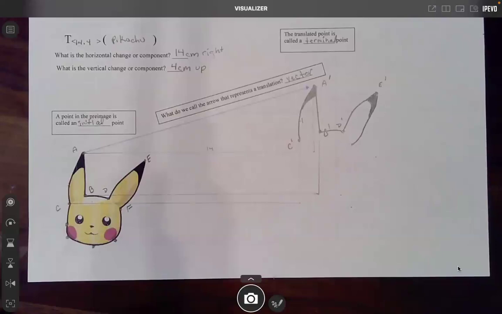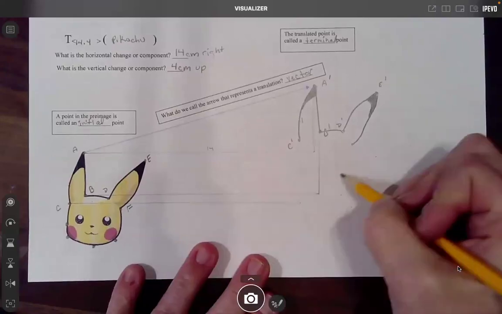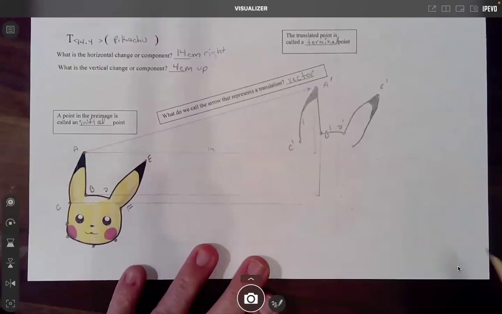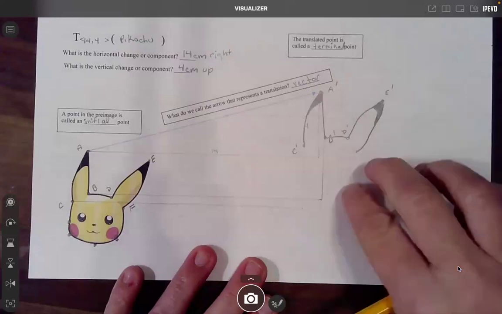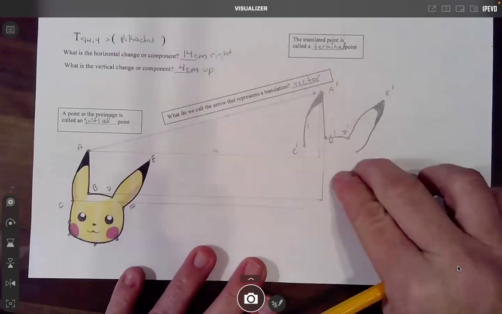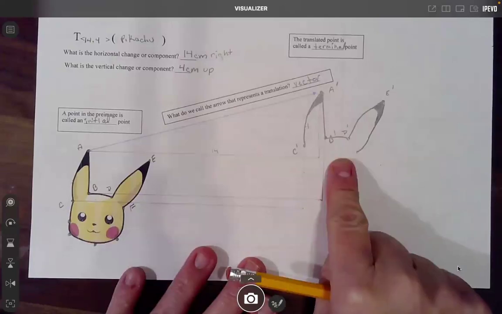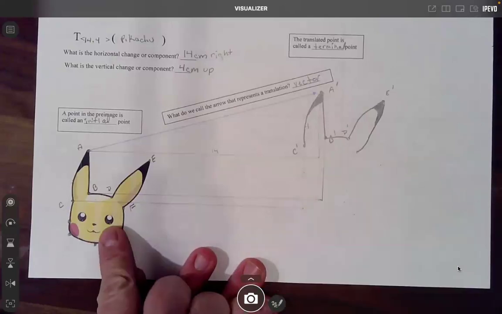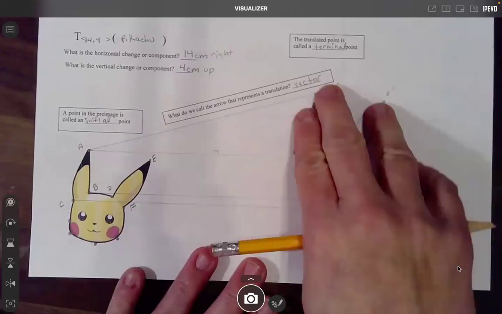You get to choose how many points to translate, but they should give you your guide, and then you can fill in the drawing. When done, you should have a Pikachu that's been translated that's the same shape and the same size as the original Pikachu. It's only been moved 14 centimeters to the right and 4 centimeters up.